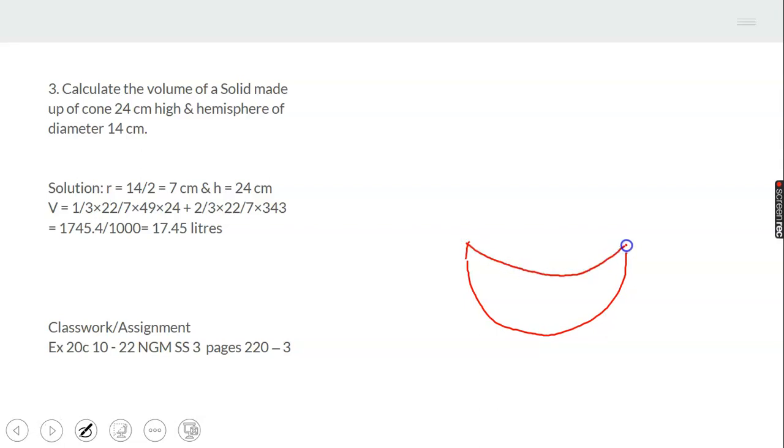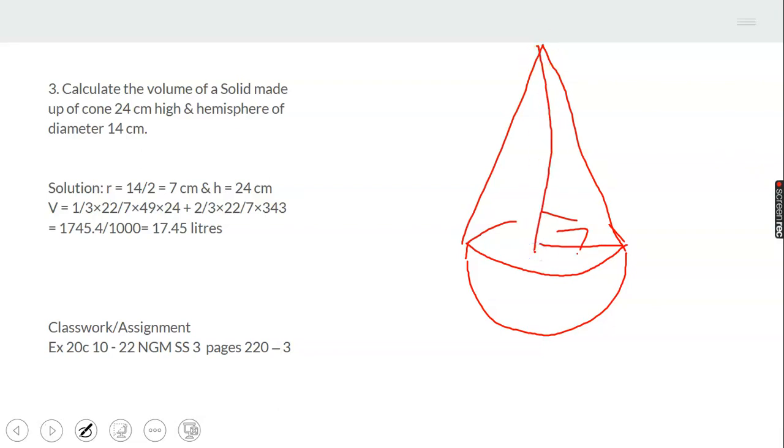It's like a ball, half of it. Then we have a cone at the top. So the diameter here is 14, so the radius will be 7. And the height of this cone is given to be 24.